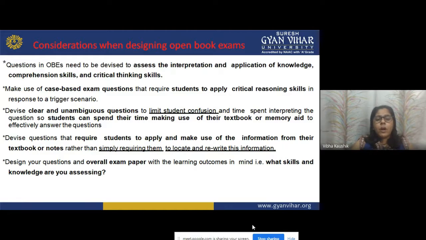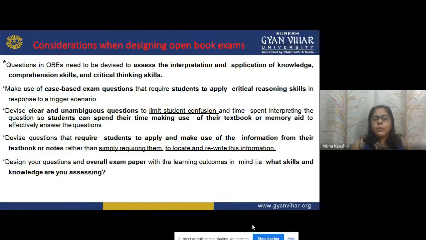Devise questions that require students to apply knowledge and make use of the information from their textbooks or notes rather than simply requiring them to locate and rewrite this information. We are focusing on students having the skill of applying knowledge and making use of the information available in the textbooks, notes or reference books.